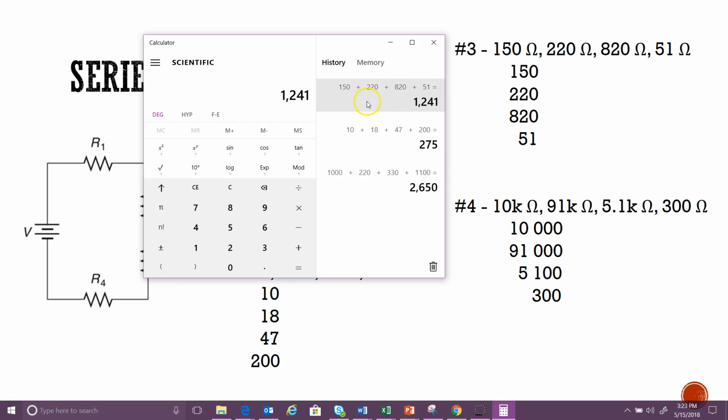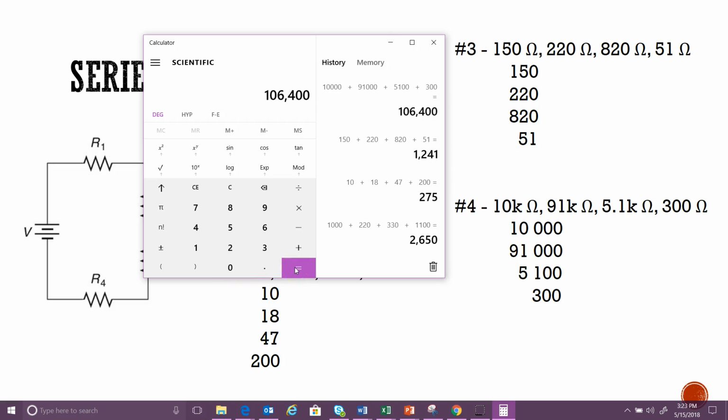And here's another example of one that has units: 91K plus 5.1K plus, and then this one doesn't. So we make sure they all get lined up correctly.